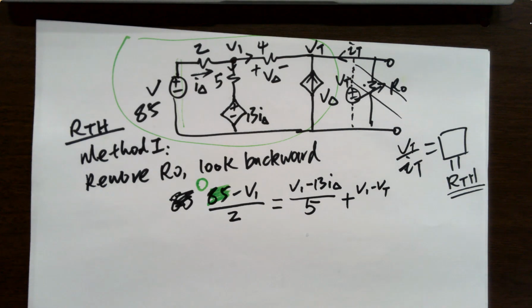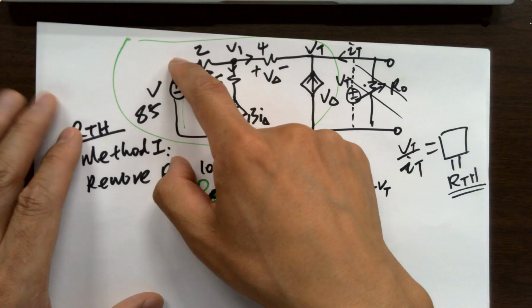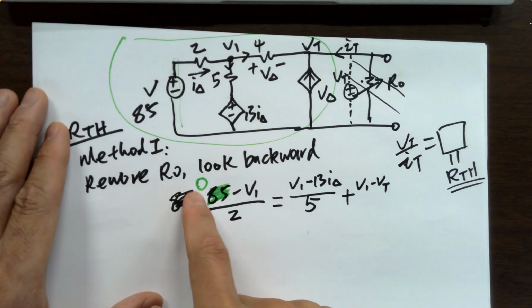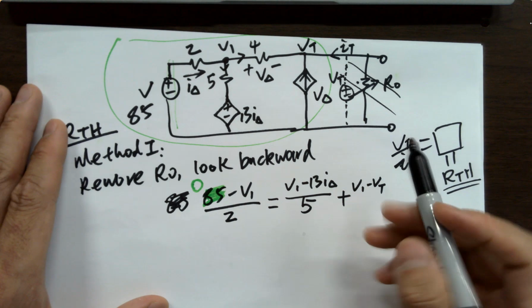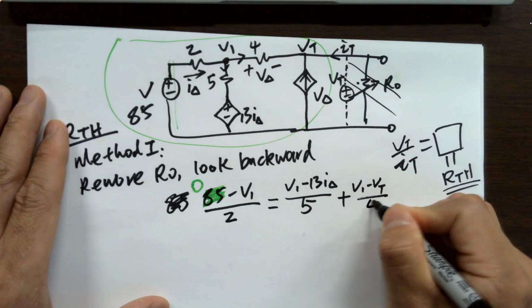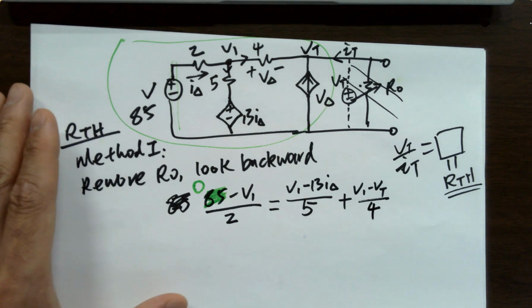We are looking at the resistance, not the voltage. That's why it should be shorted. Keep in mind the same strategy when we are dealing with other examples. So this short gives 0 volts, right? And this is V1 minus VT over 4.